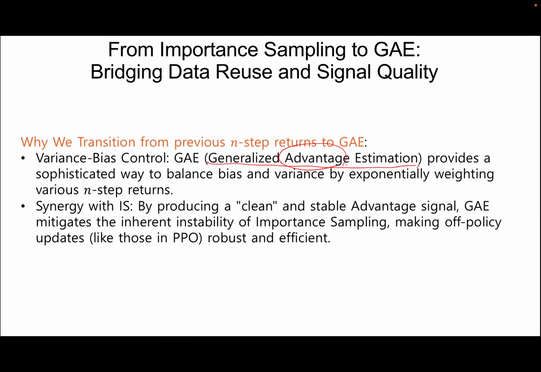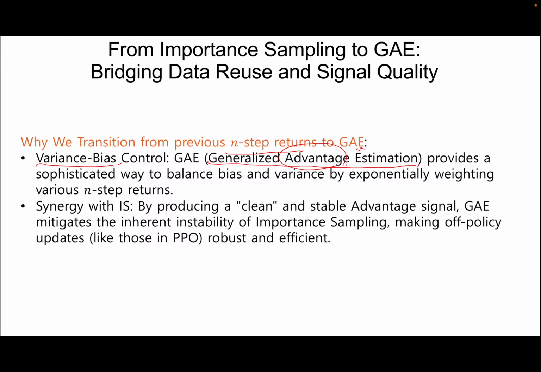So we'd like to transition from the previous n-step returns to GAE, right? GAE, generalized advantage estimation, provides a sophisticated way to balance bias and variance by exponentially weighting various n-step returns. By producing a clean and stable advantage signal, GAE mitigates the inherent instability of importance sampling, making policy updates like those in PPO robust and efficient. So that is the motivation of GAE, why we introduced it: to balance variance and bias.